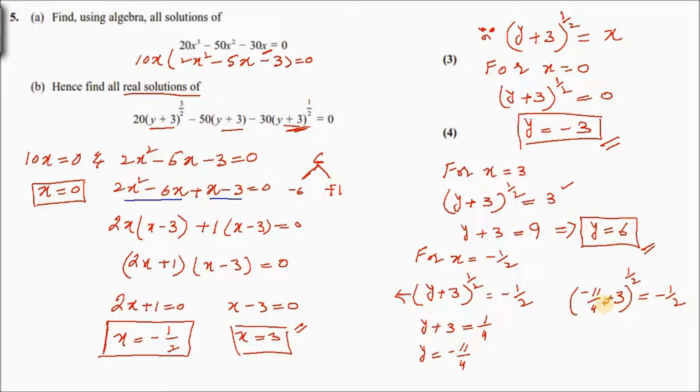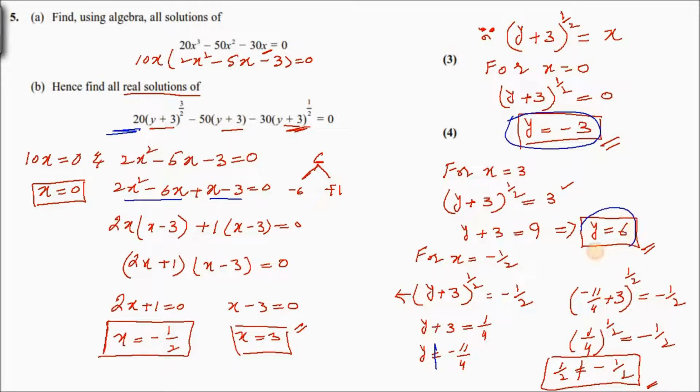Let's check, solving the left hand side: minus 11 plus 12 is 1 upon 4, power half. Clearly the square root of 1 upon 4 is half. Half equal to minus half, which is not possible. So y cannot equal minus 11 upon 4. So we have just two solutions for the second equation, part B: y equal to minus 3 and y equal to 6.